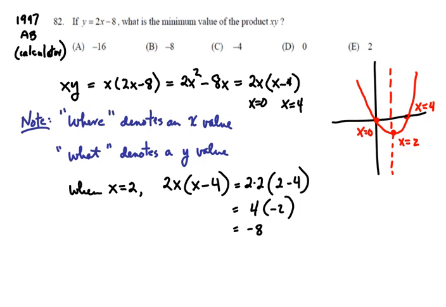So this question was really tricky because 2 is one of the answers there, and I'm sure that a lot of students would have selected answer E for this one. But it asks what is the minimum value, and so the answer would have to be B. So we solved this entire problem using calculus concepts, but actually we did everything using skills and techniques from Algebra 2.